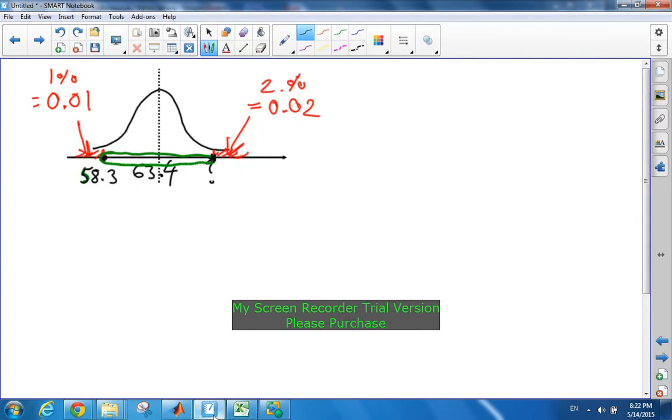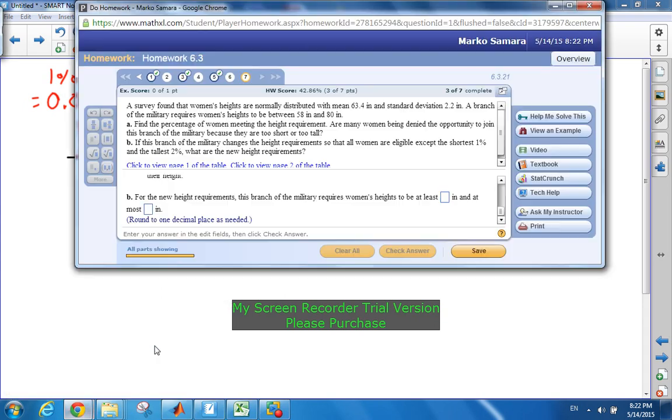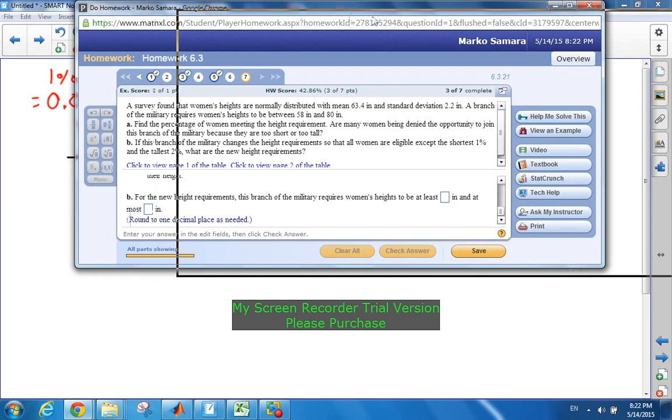So here we have 67.9. That should be the new boundaries, the updated criterion.